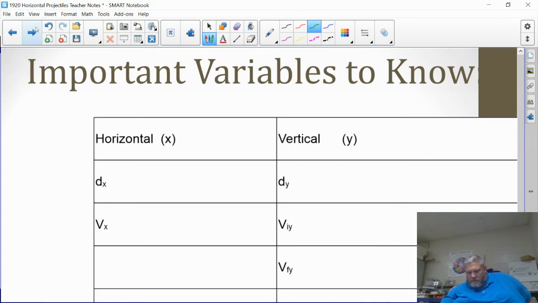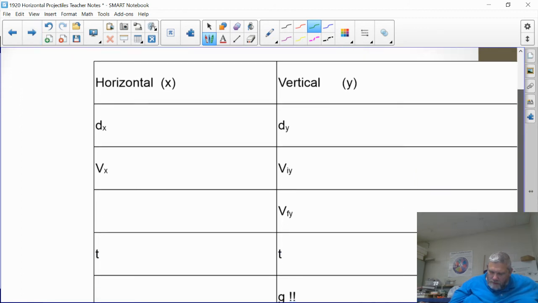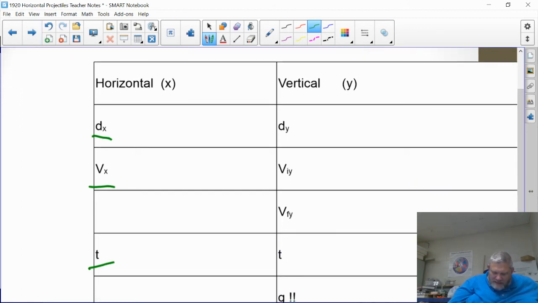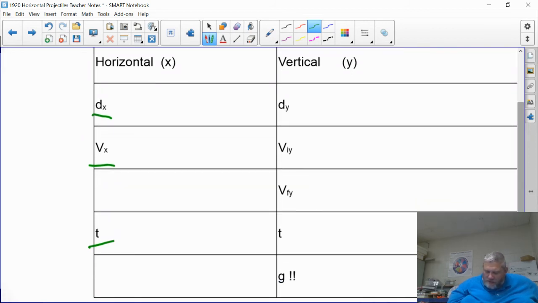All right, so important variables to know. Horizontally, you're going to want to know dx, vx, and t. You need to know 2 to find the other. And the vertical, just like in all of our acceleration equations, we have d, vi, vf, t, and of course our acceleration, which here is g, negative 9.8.